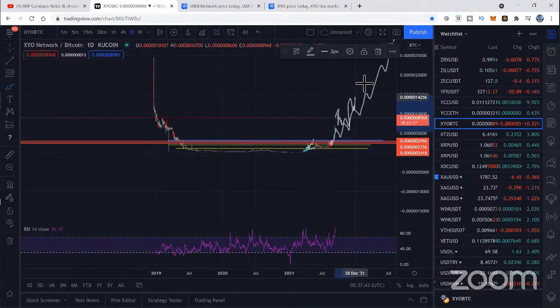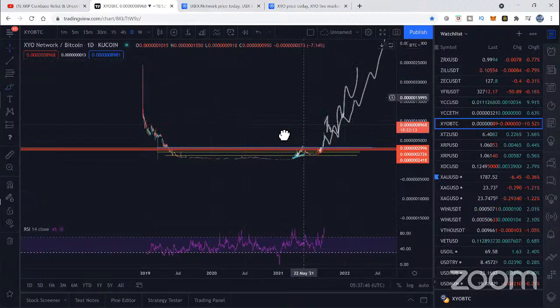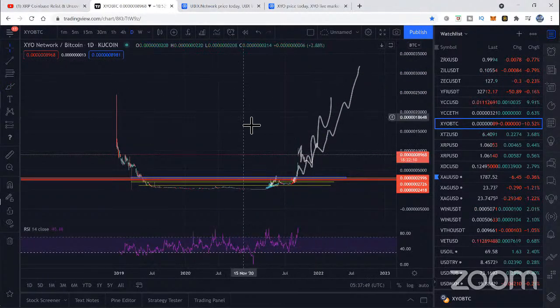And just like ADA and all of the other Coinbase coins, we are about to see a massive rally on this. Easily from where it's at now, 0.08 to 0.115. That's double there. And then we should see another double from there to 0.30.